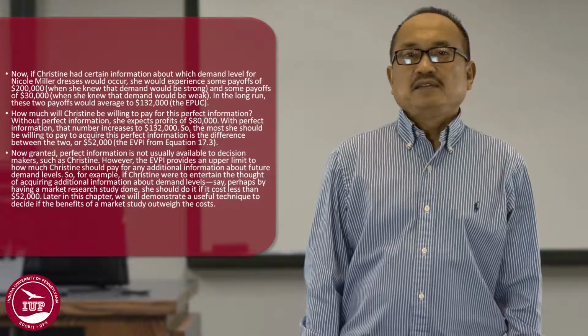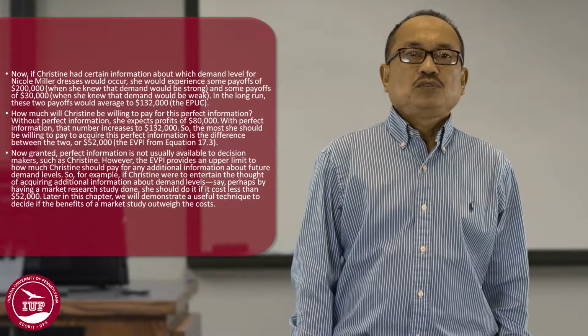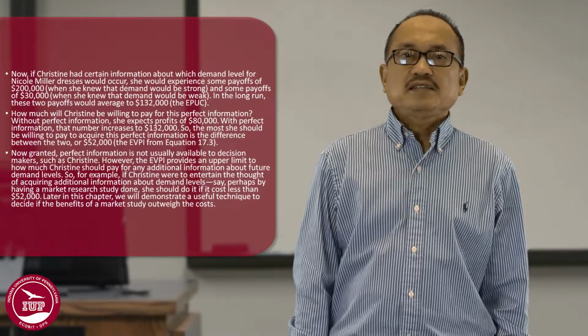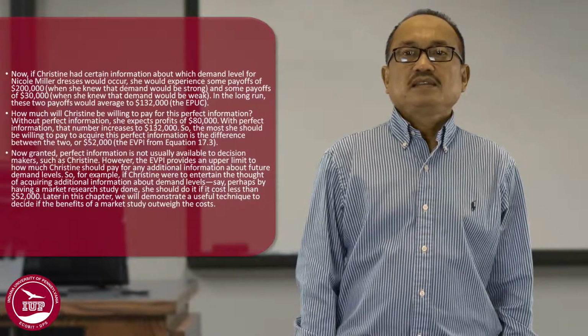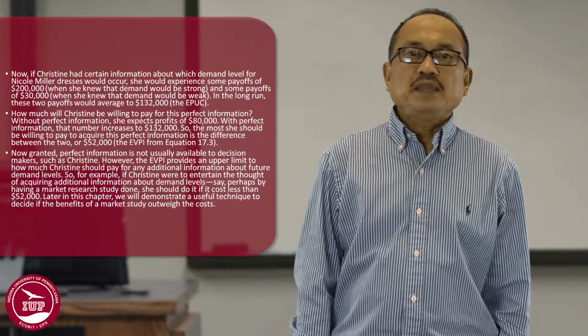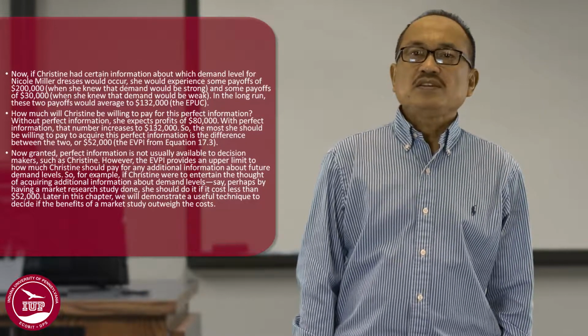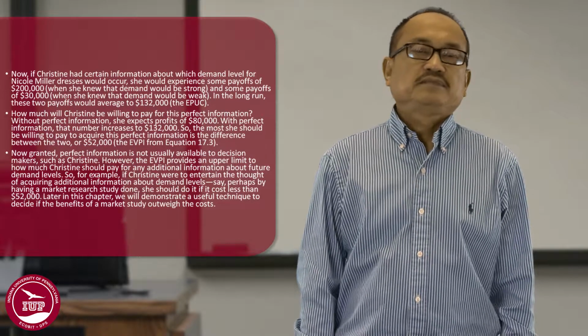Now, granted, perfect information is not usually available to decision makers, such as Christine. However, the EVPI provides an upper limit to how much Christine should pay for any additional information about future demand levels.